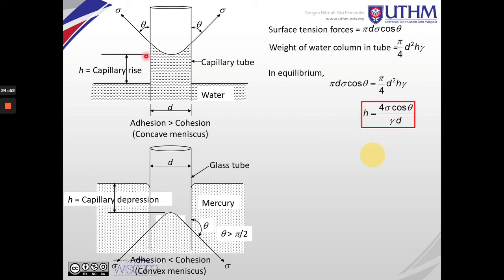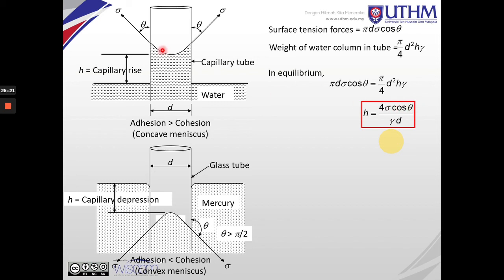H is the capillary rise for the water with the U shape, and H is the capillary depression of the mercury from the dome shape. So we use this equation: H is equal to 4 times surface tension times cos theta divided by specific weight times diameter.